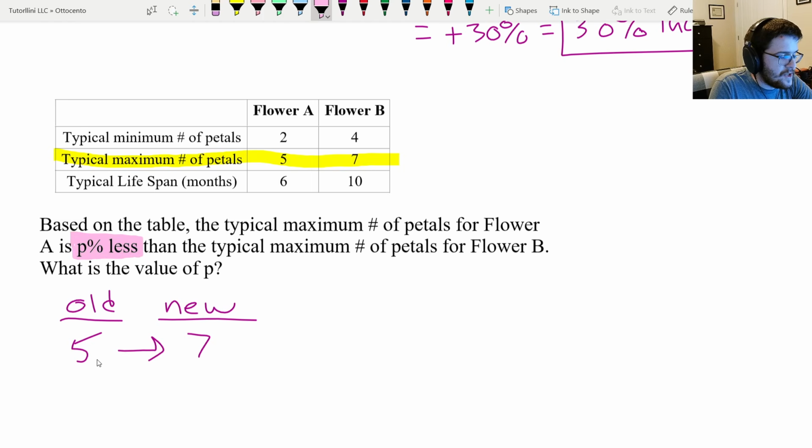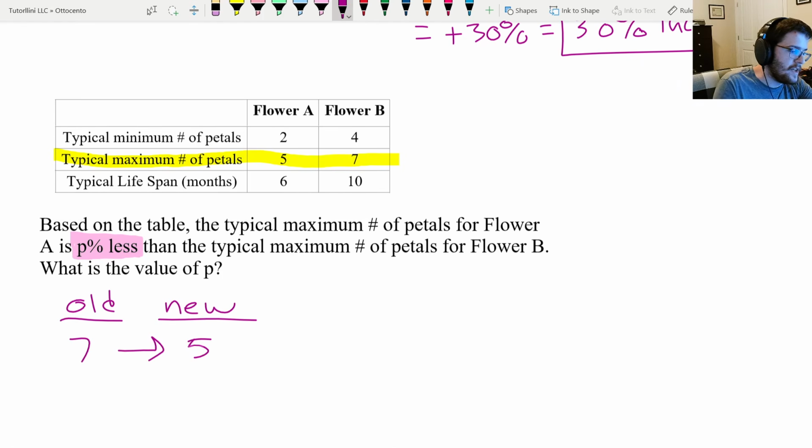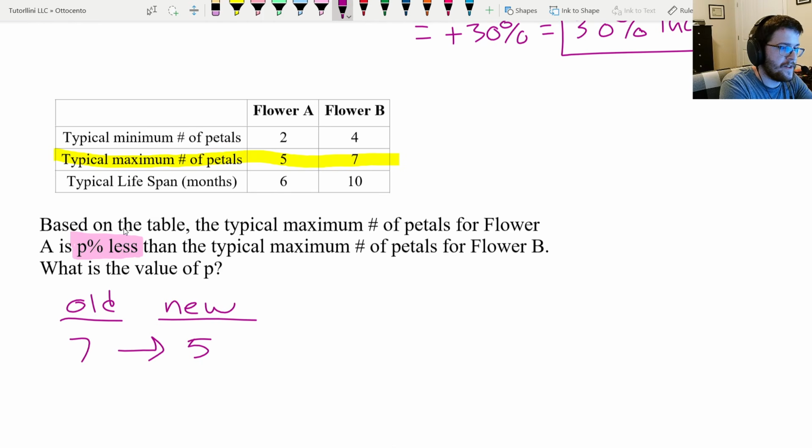P% less. 5 to 7 is getting bigger. Less is a decreasing word, so we're going to swap them. 7 goes on the left and 5 goes on the right. So old, 7, new, 5. It's getting smaller. P% less.